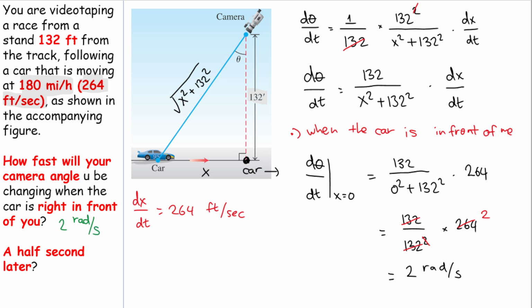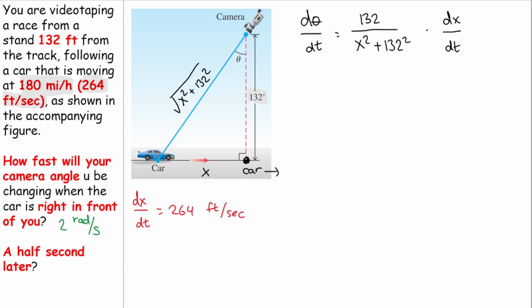Okay, and now let's answer this question a half second later. A half second later, meaning that t is equal to 0.5 seconds. Right? And remember that we can calculate this x here using kinematics, right?